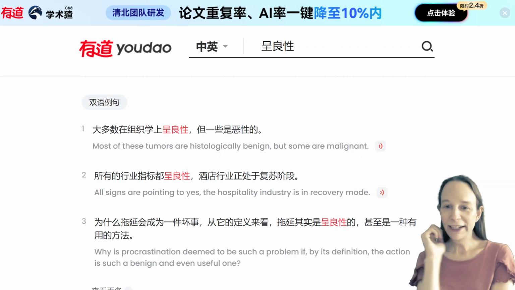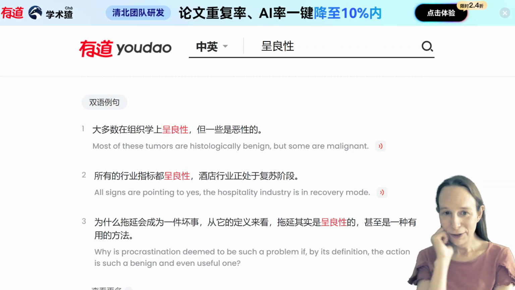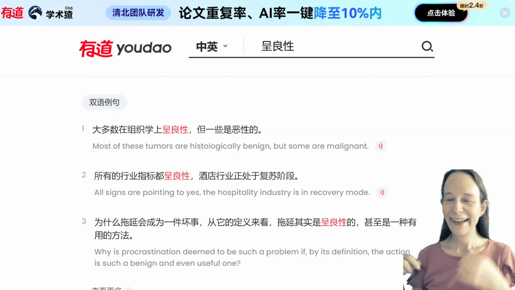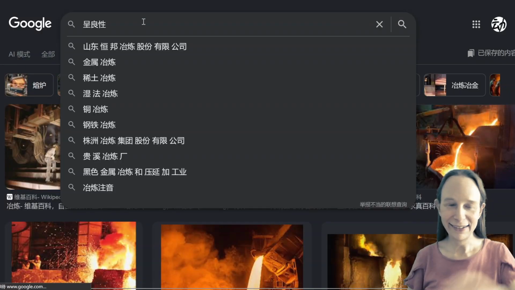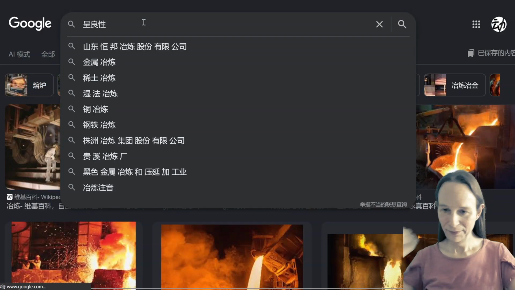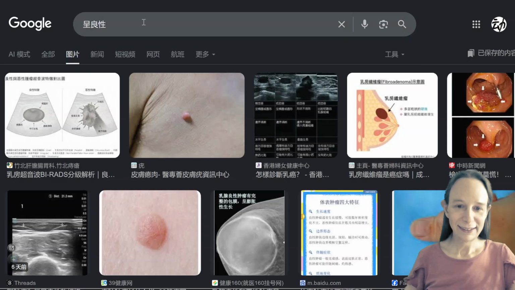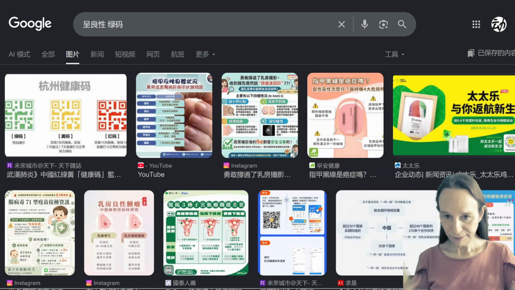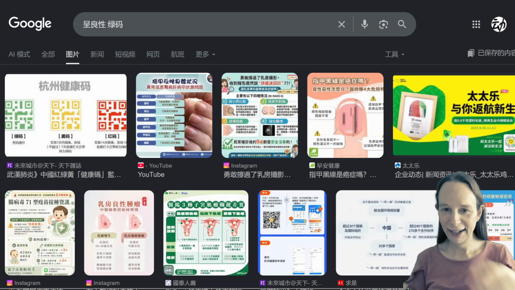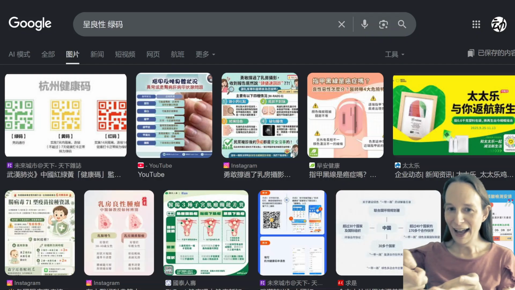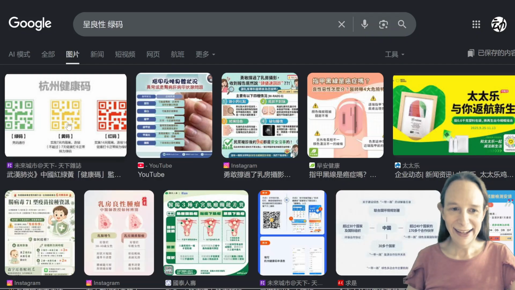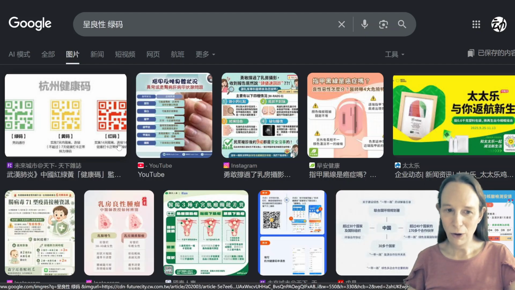If you were in China during COVID, you would probably know what this means. Actually, let's put it in here. During COVID, there were QR codes. So you entered a building, you would 扫二维码, and it would be green. 绿码, 黄码, 红码.